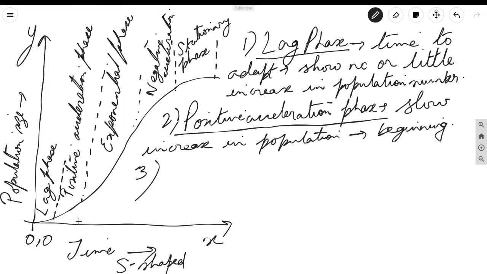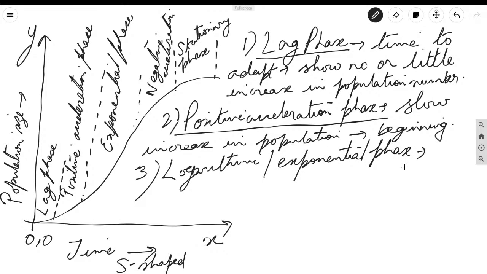Now number 3 is the logarithmic or exponential phase. So the exponential phase is also known as logarithmic phase. So here, in this specific period, what will happen? You have been able to completely survive, tackle, sustain and withstand natural selection. Now you will be able to use the resources which are at your disposal, and then you will be rapidly increasing the population number.